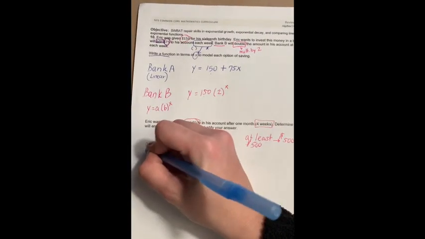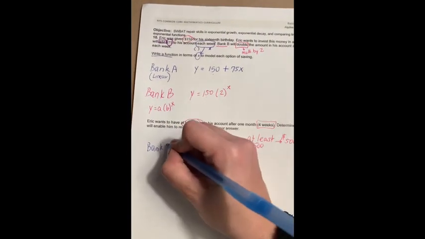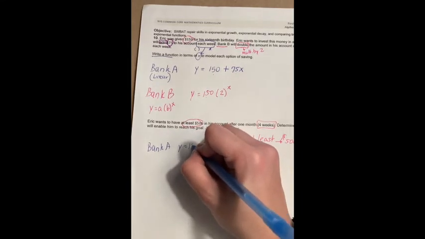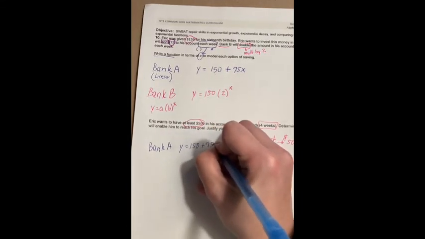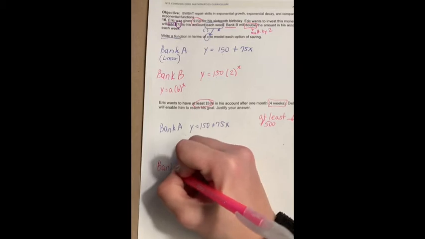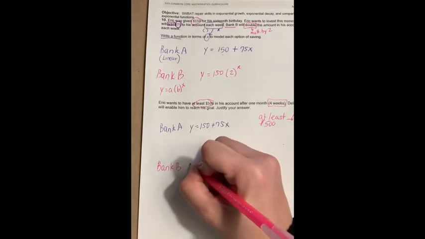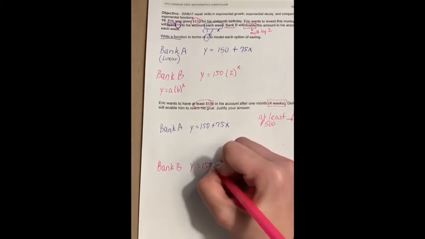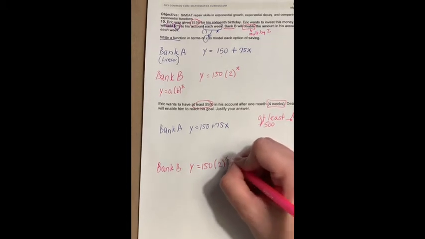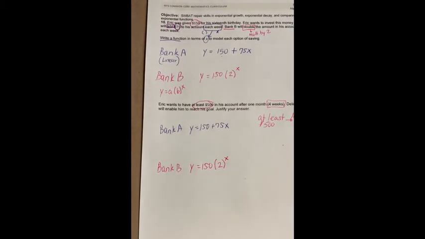So let's rewrite our functions. Bank A was y equals 150 plus 75x. And then Bank B was y equals 150 times 2, because it was multiplying by 2, it's doubling, raised to the x power.